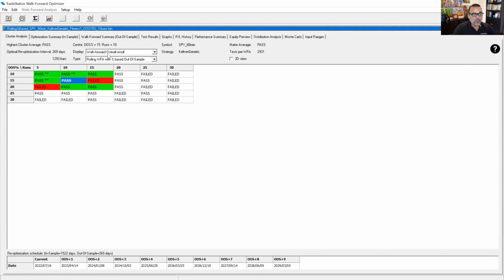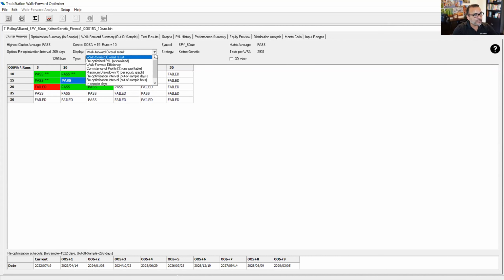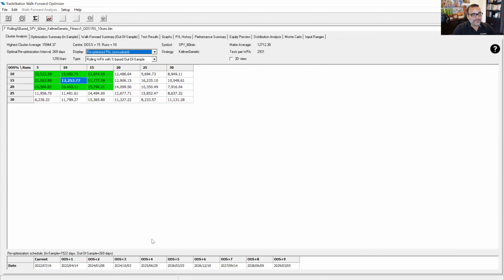The default is the walk forward overall result, which is based on the 5 criteria that we saw in the test settings. But if you come over here to this drop down, you can set it to the P&L, re-optimized P&L, which changes the matrix and it provides you what the net or the average P&L was.